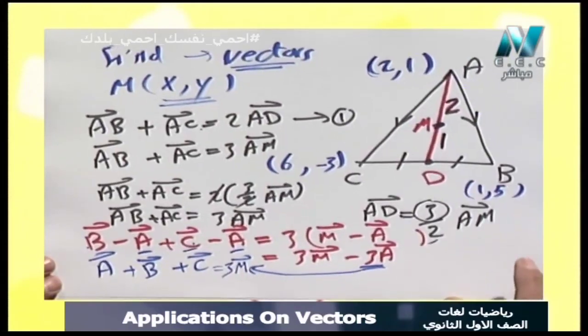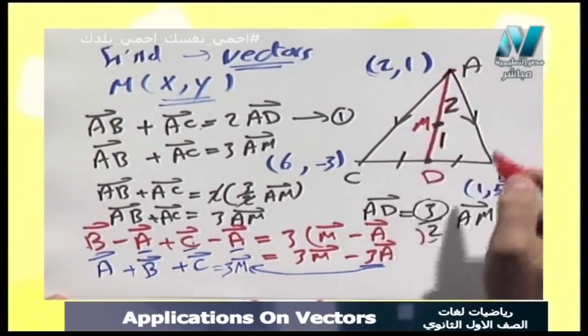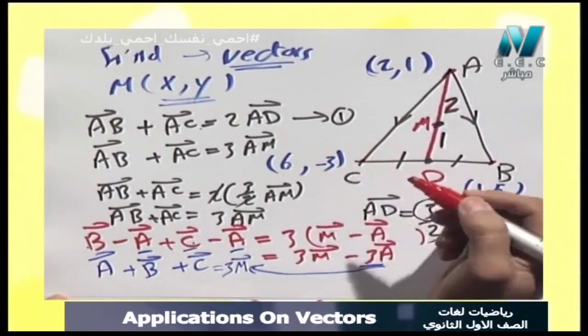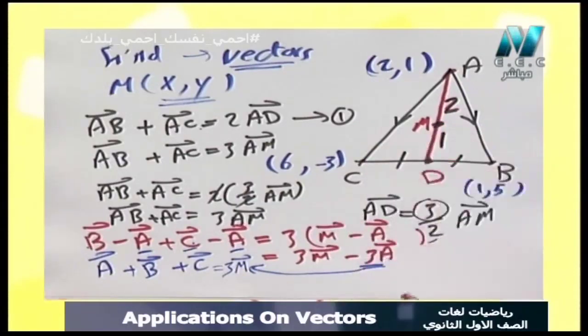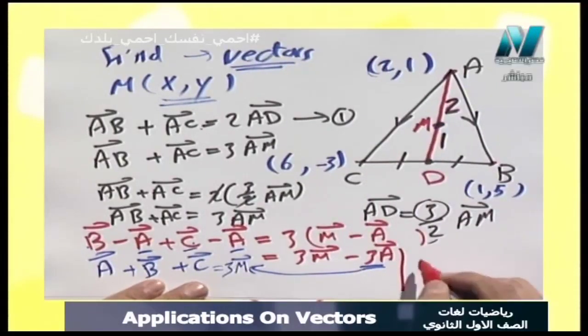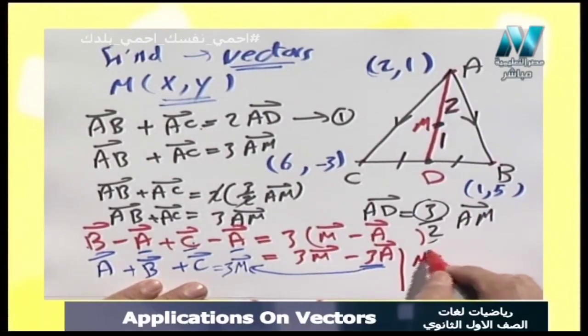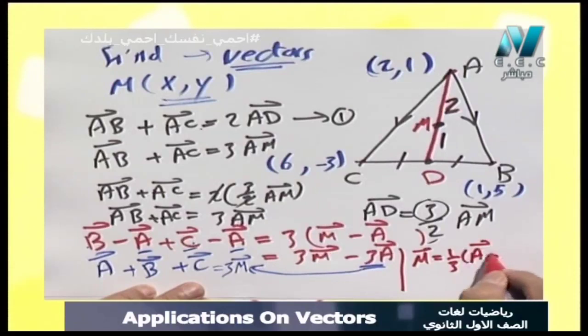So we have an important deduction here, that A plus B plus C equals 3M. So we can deduce that M equals 1 over 3 (A plus B plus C).